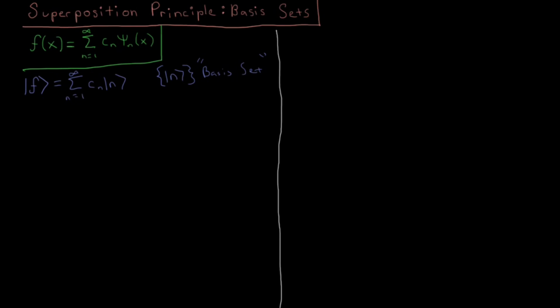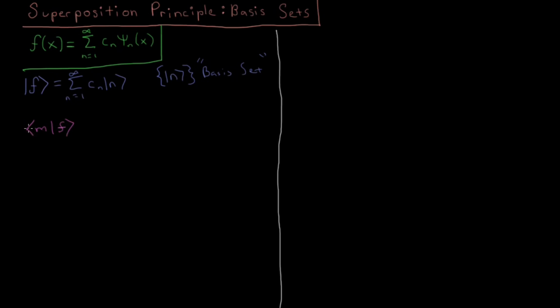Okay, so if we want to go about figuring out what these coefficients are, let's do something. Let's take some function m, so this would be <m|, or psi m star of x, and then we're going to multiply that times f and integrate from negative infinity to infinity.